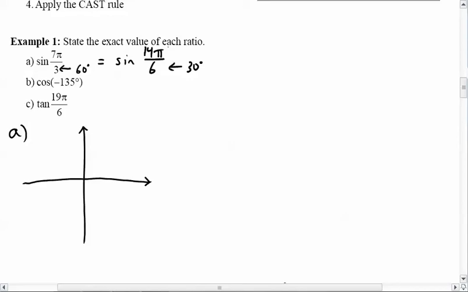So that means I've got 14 third of quadrants. So 1, 2, 3, 4, 5, 6, 7, 8, 9, 10, 11, 12, 13, 14 pi over 6 is right here.